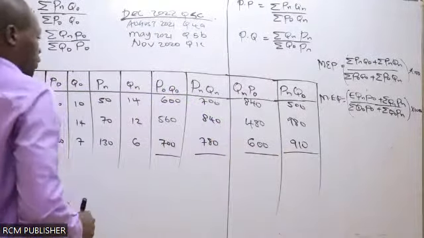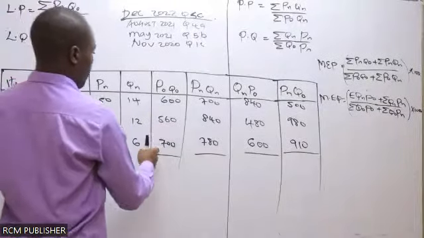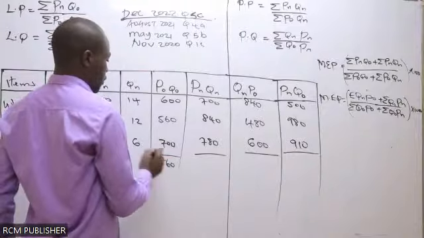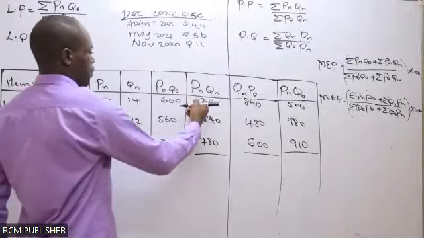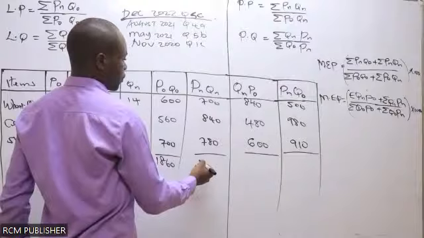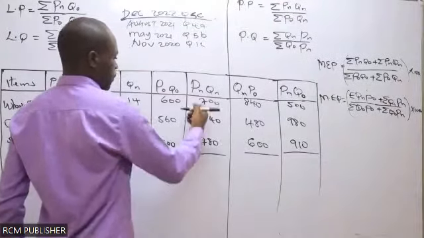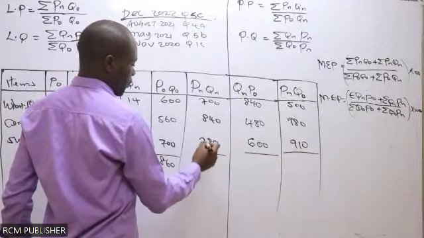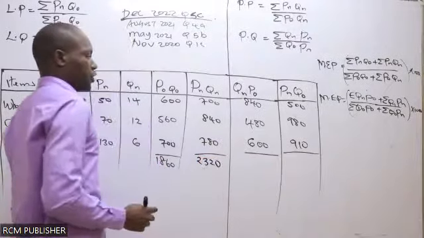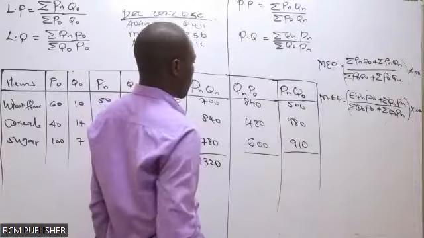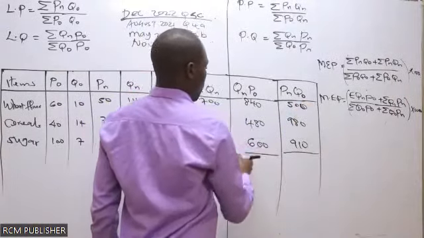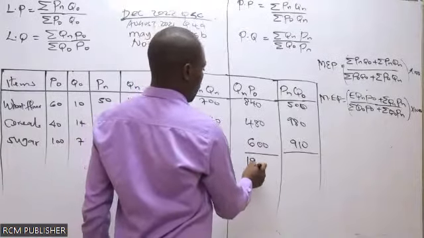We now have to get the summation. This is 1300. Is it 1860? Yes. This one here, 2320. How about this? 1920.